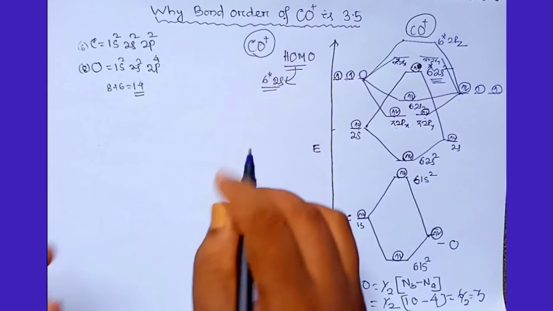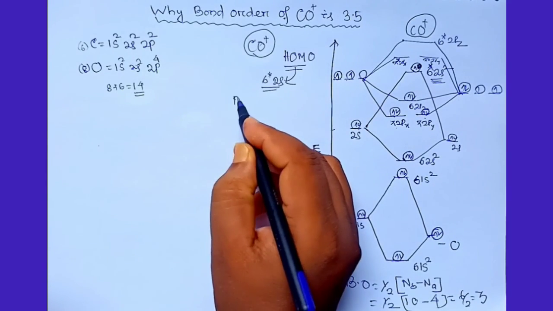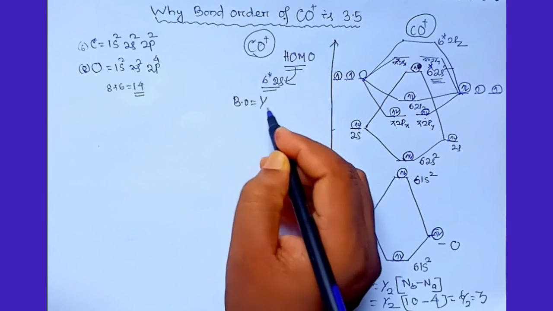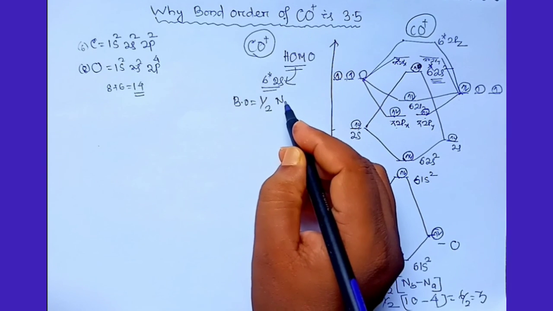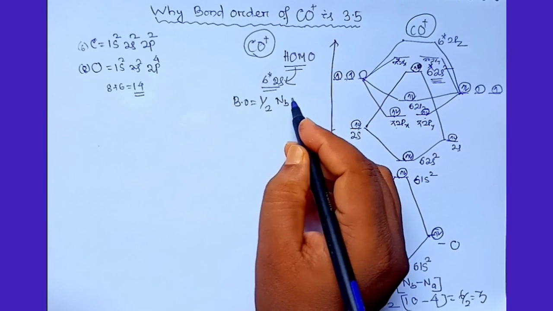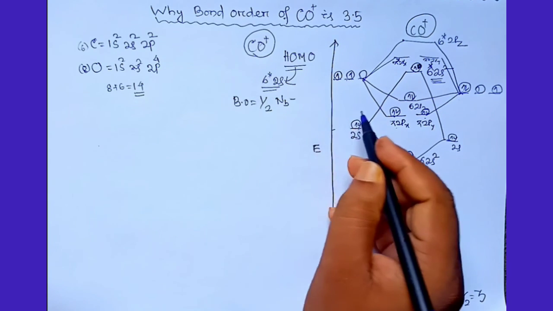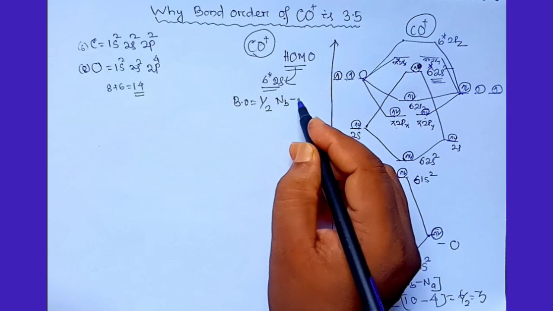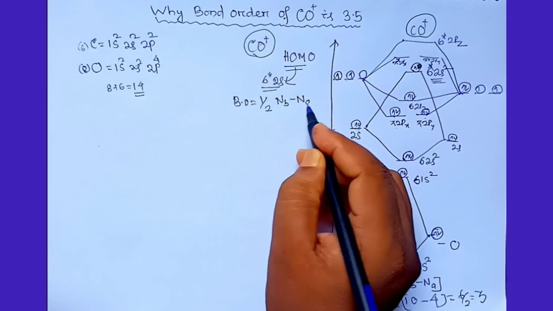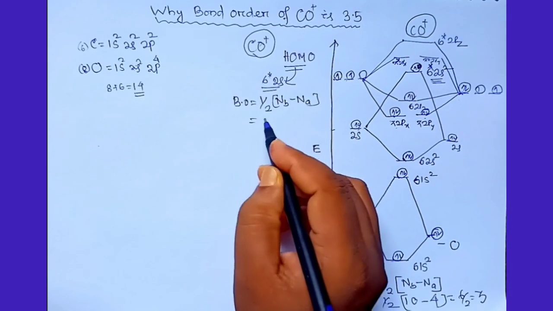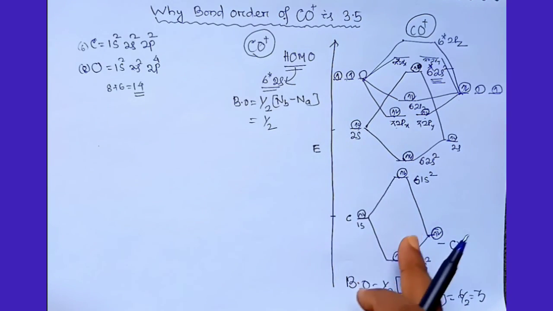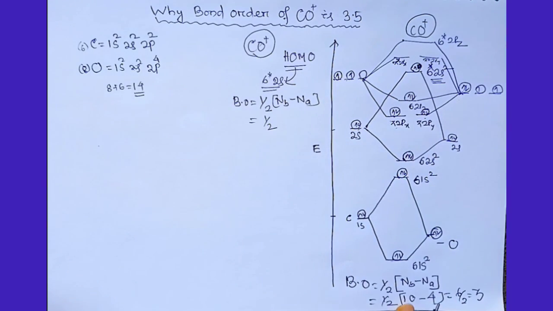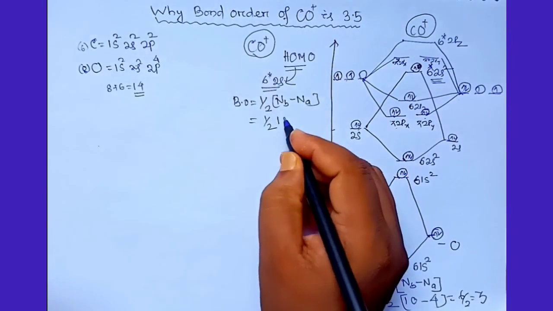Now simply we will put in the bond order formula. Bond order equals half times the number of bonding electrons minus the number of anti-bonding electrons, Nb minus Na. How many electrons are present in the bonding molecular orbitals? Already you know it is 10.